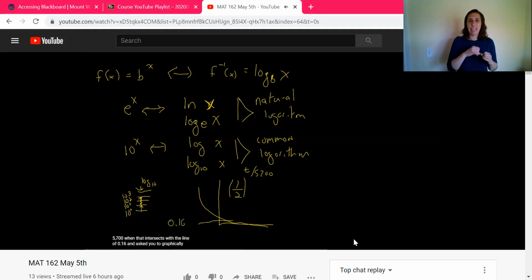And it asks you to do it graphically. And the problem is this function 1/2 to the t divided by 5,700 is hugely sloped. It looks like a straight line near zero. In fact, they intersect somewhere in the 15,000s.